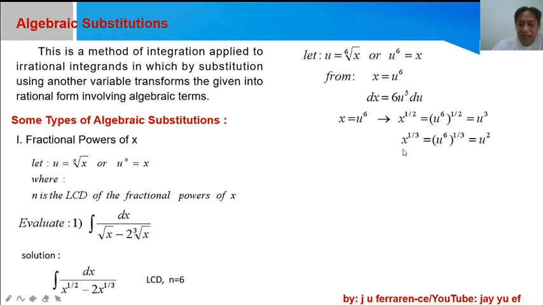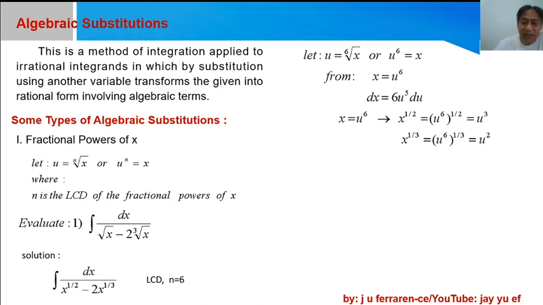Now, how about x to the power 1/3? Raising this to the power 1/3 both sides, x to the power 1/3, and we have u to the power 6 also raised to the power 1/3. The product of 6 and 1/3 is 2. So the cube root of x, or x to the power 1/3, is equal to u squared.